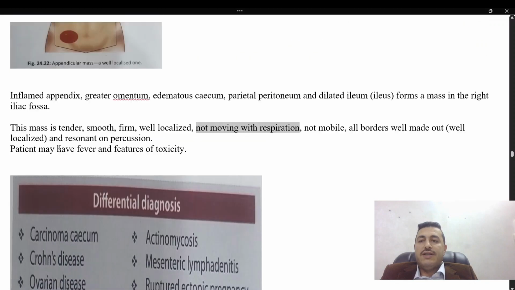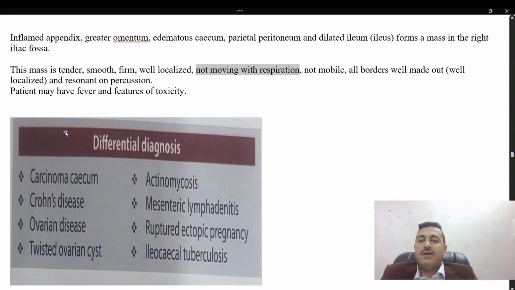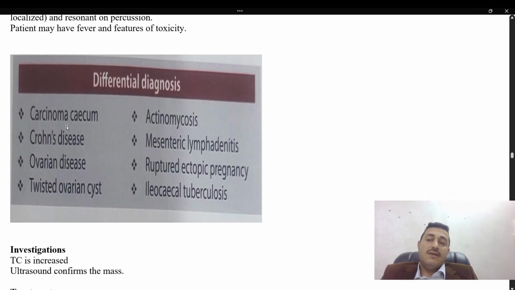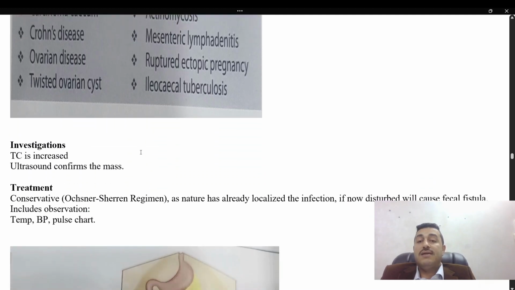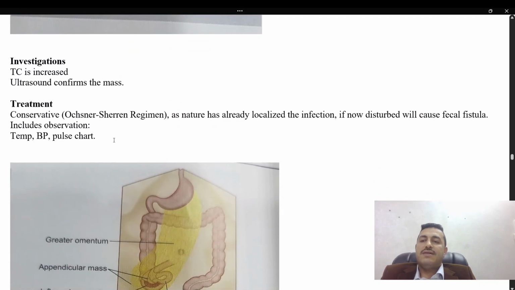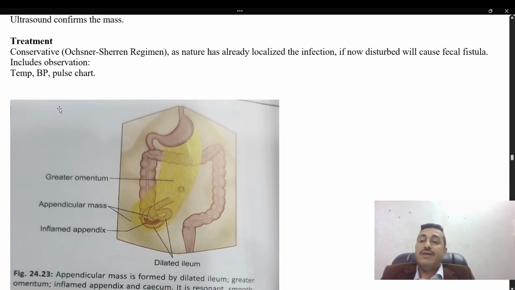Okay. Differential diagnosis. If we have appendicular mass, we have carcinoma of the cecum, cecal tumor, Crohn's disease, ovarian diseases, twisted ovarian cyst, actinomycosis, mesenteric lymphadenitis, ruptured ectopic pregnancy, ileocecal tuberculosis. So the usual investigations, you can proceed to CT scan, ultrasound, CBC; the total white blood cell count will be increased.